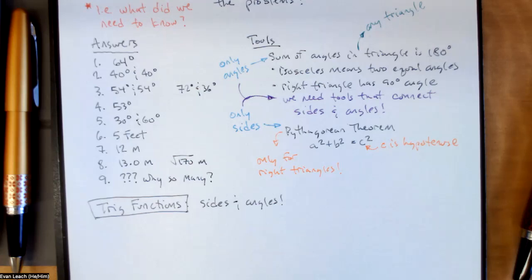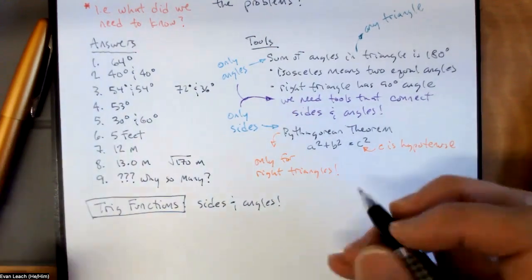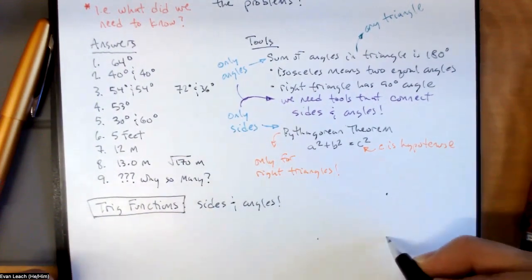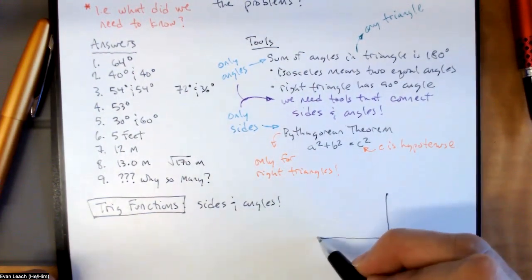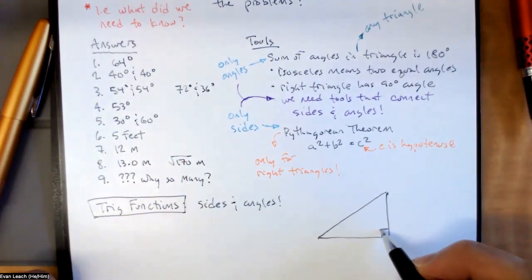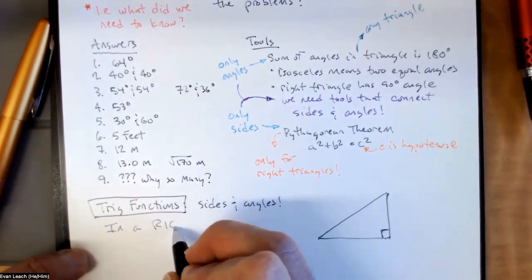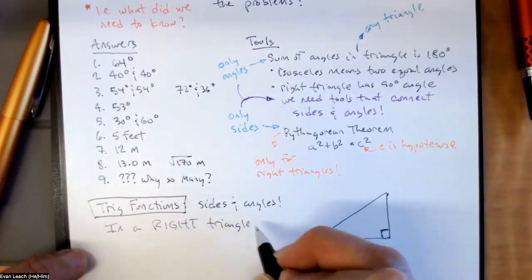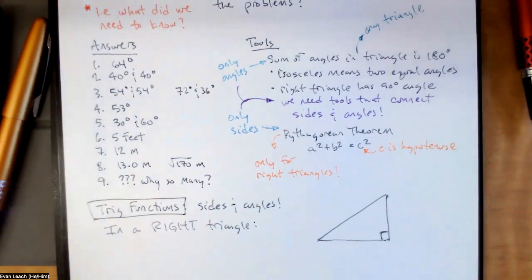We're going to limit ourselves to right triangles before we start expanding out to using trig functions on any triangle. So we've got to name some parts.